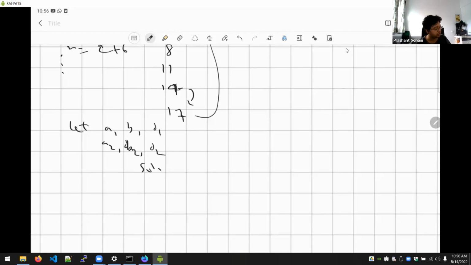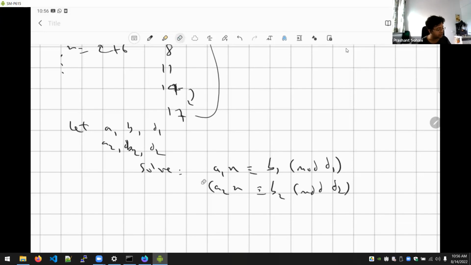We now want to solve the equations a1x congruent to b1 modulo d1 and a2x congruent to b2 modulo d2. So x has to simultaneously satisfy both the congruences. Again, we have to conclude what is the necessary and sufficient condition for this to happen and things like that.